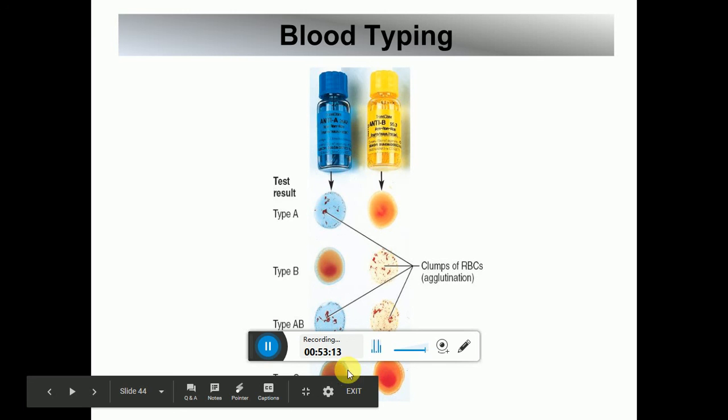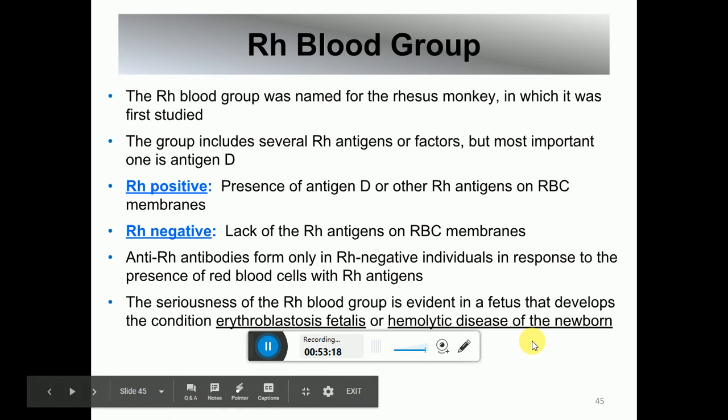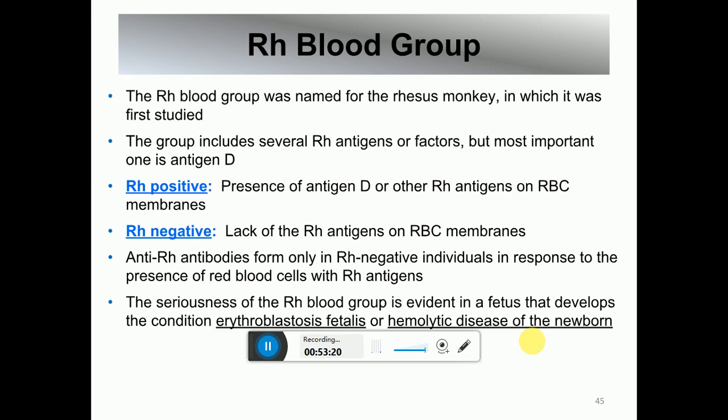If there's no agglutination, like the one on the bottom, that individual is blood type O. And then we always say blood type O positive or blood type O negative.